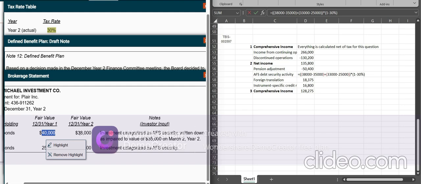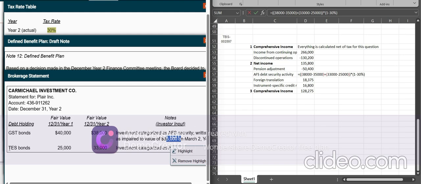That is because we will not take $40,000 in this case, because AFS security is recorded at market value. So the change of $40,000 to $35,000, the $5,000 change, is already recorded.